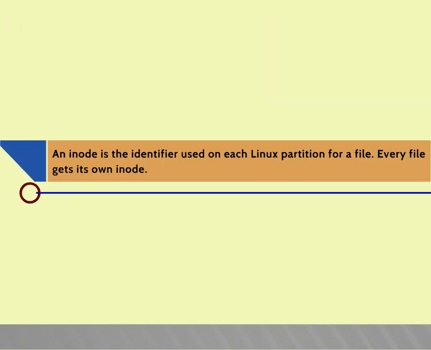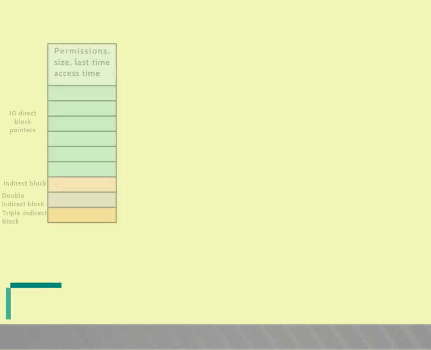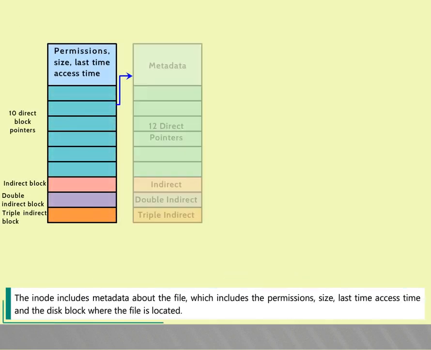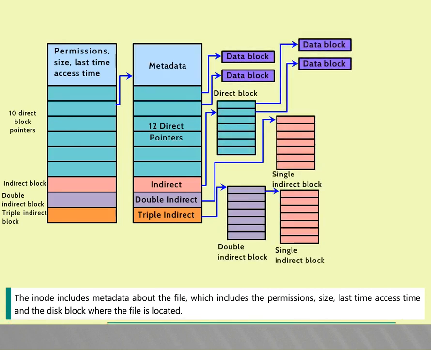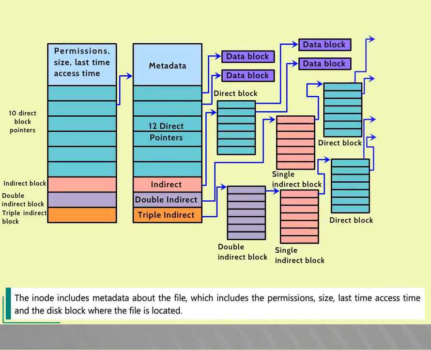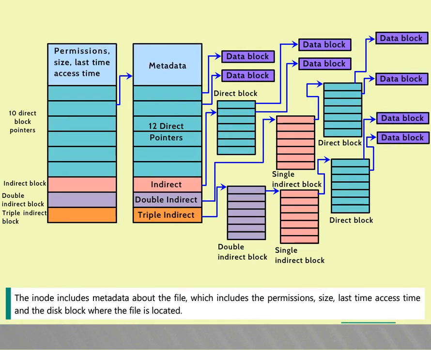An inode is the identifier used on each Linux partition for a file. Every file gets its own inode. The inode includes metadata about the file, which includes the permissions, size, last access time, and the disk block where the file is located.